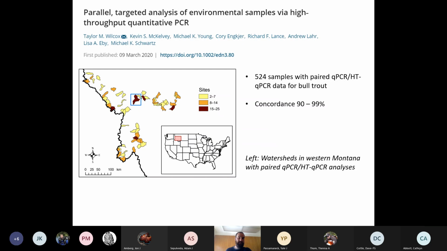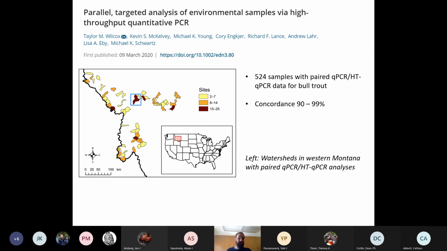That's what this map is showing, the sites per watershed indicated with color, and they had been analyzed on a single species qPCR platform. And then we analyzed them on high throughput chips that included bull trout markers. We saw that concordance between qPCR and high throughput qPCR was 90 to 99%, breaking this up chip by chip.